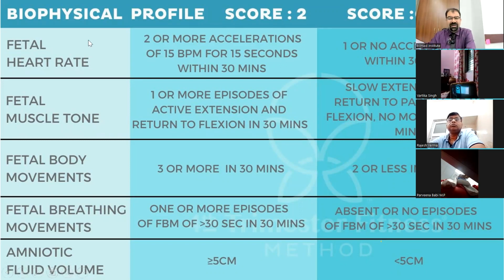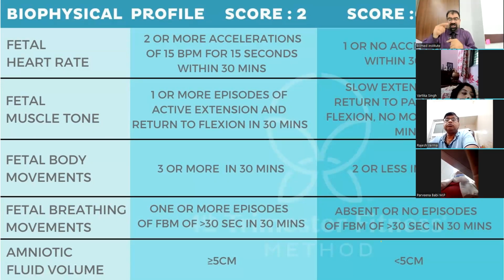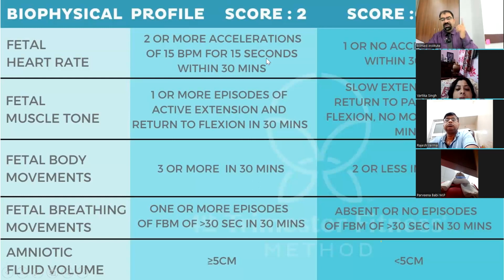First, I will be taking the fetal heart rate. This is actually an NST, non-stress test. Over here, I have to see 2 or more accelerations of 15 beats, preceding the fetal movements. I will be seeing an increase of 15 beats that lasts for 15 seconds within 30 minutes.